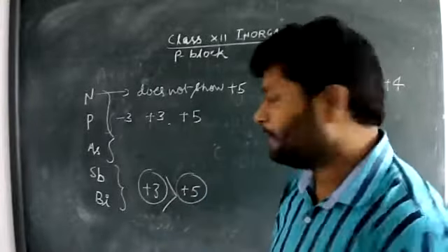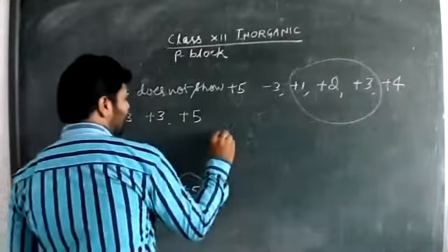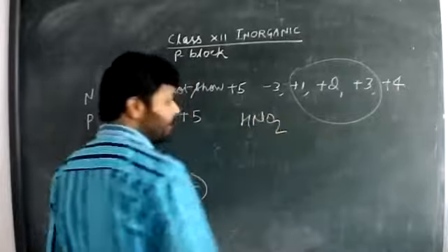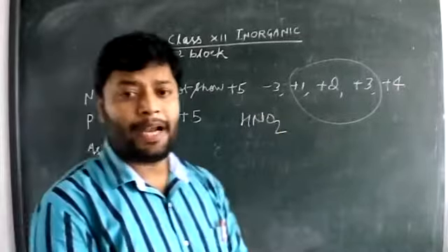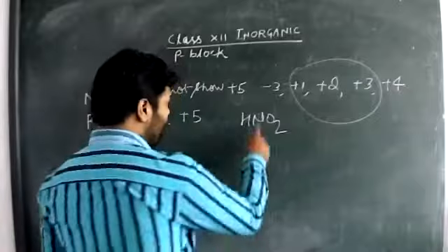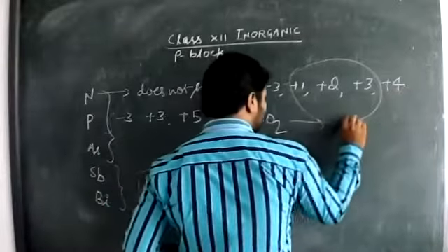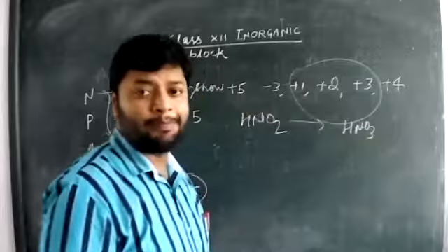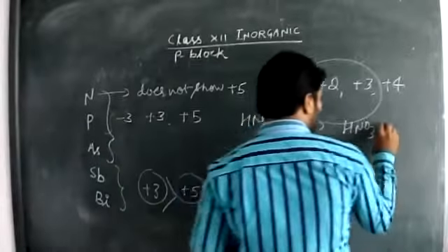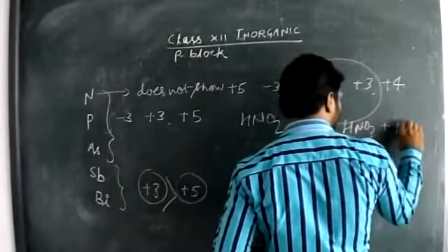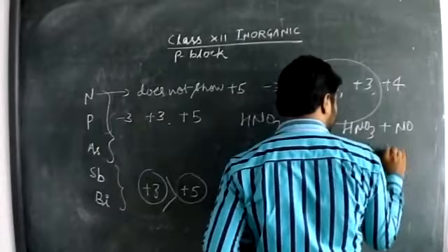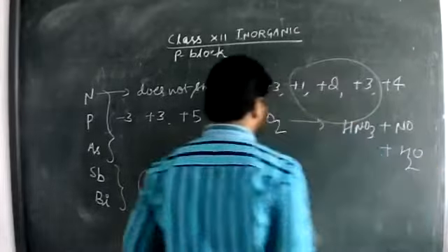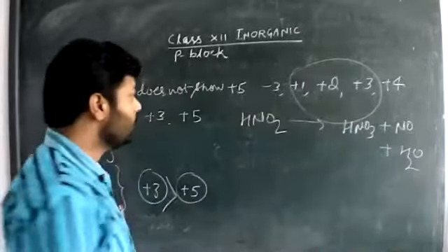For example, suppose we have nitrous acid. Look at the oxidation number in nitrous acid. It disproportionates into nitric acid, nitric oxide and water.